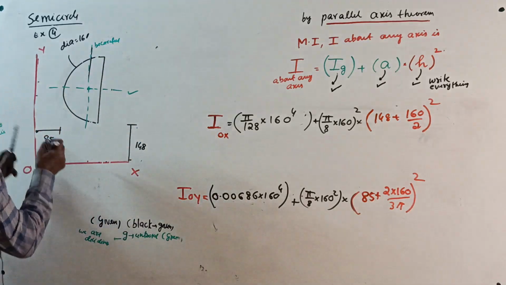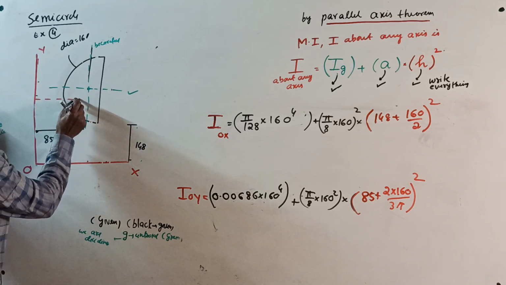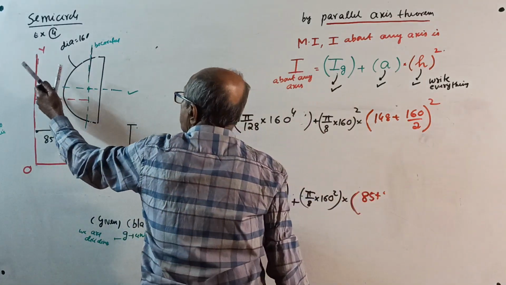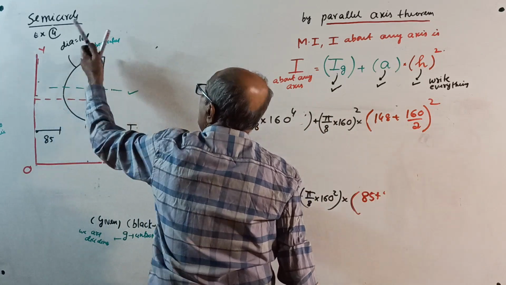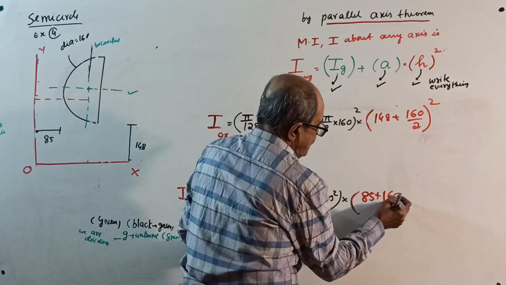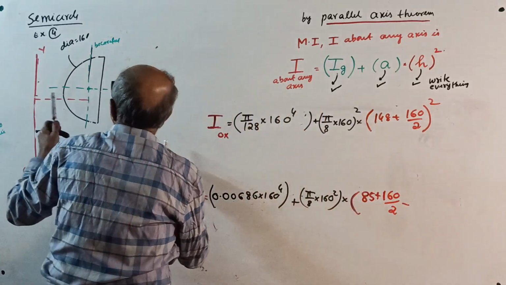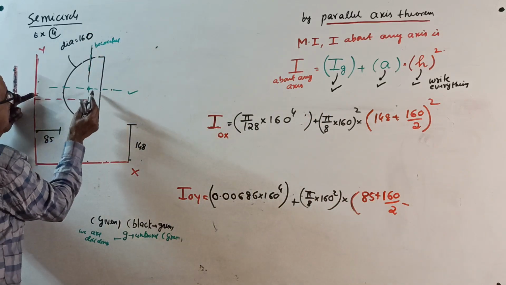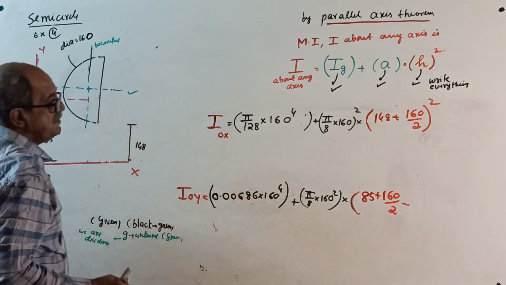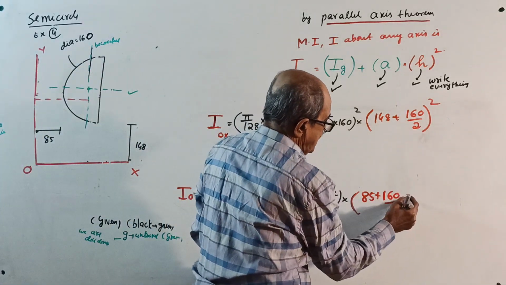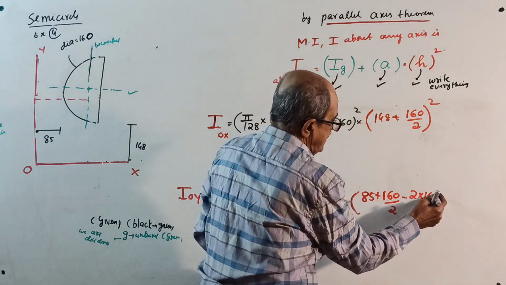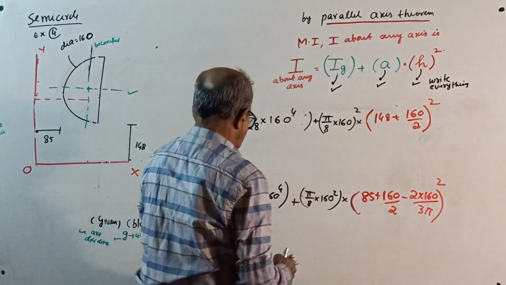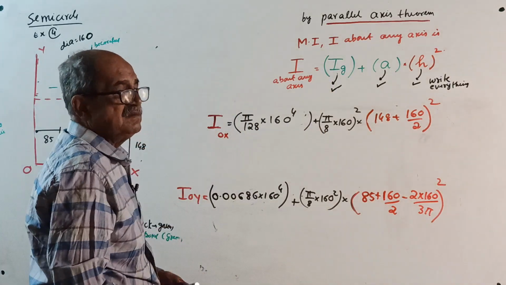Area into, see, this distance square is 85 plus this distance, half of 160, that is 85 plus 160 by 2 minus 2d by 3 pi, minus 2 into 160 divided by 3 pi, close, square over. This will give I about OY.